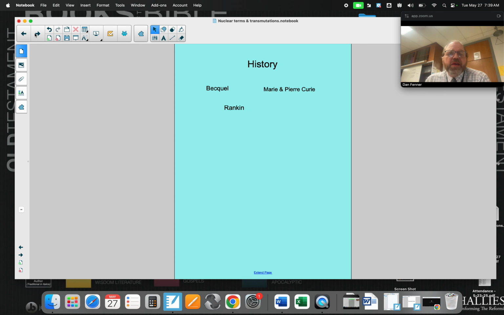But the really significant thing about this is that Marie Curie was a PhD in chemistry. So, I mean, that's pretty cool. And in Germany at the same time, there's a scientist named Rankine. Rankine worked with X-rays. So these were the beginning of the historical understanding of atomic theory.